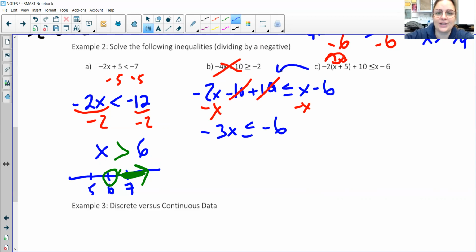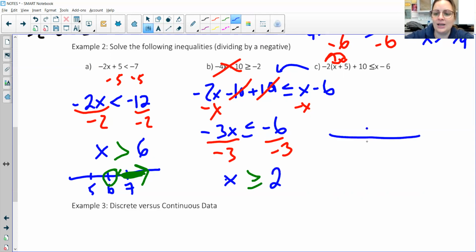This is my C work over here. And the next thing I'm going to do is divide both sides by negative 3. Because I divided by a negative value on both sides, I need to change the direction of my inequality, because I'm no longer solving for a negative x, I'm solving for the positive x. And negative 6 divided by negative 3 is positive 2.